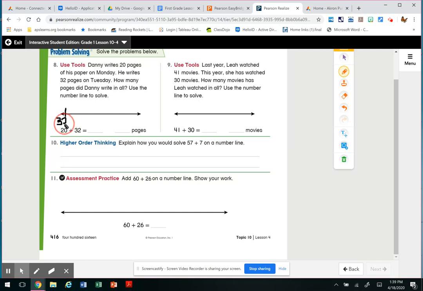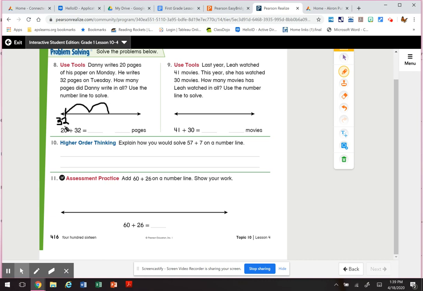Remember, when you're adding, you can change the order of your numbers. And I like the 32 to go first because I'm going to count by tens. When I look at the other add-in, we have the number 20, and it has 2 tens in it. So I'm going to make 2 hops. 1, 2.